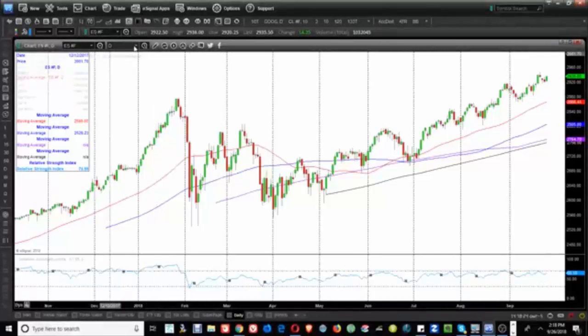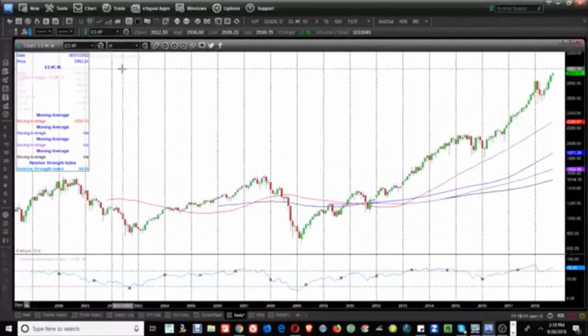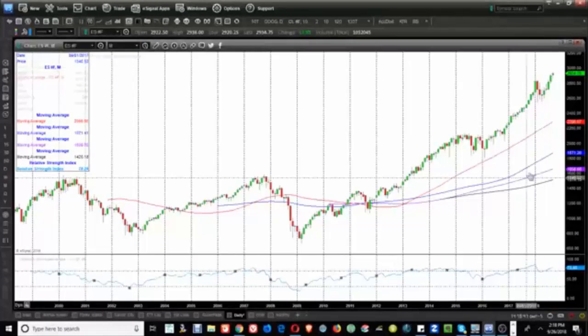If we look at a weekly chart of the S&P, you can see how up it is, and you can see it's above the 50 on the stochastic level. On the monthly chart, it's obviously all overbought. Boom. Amazing, eh?